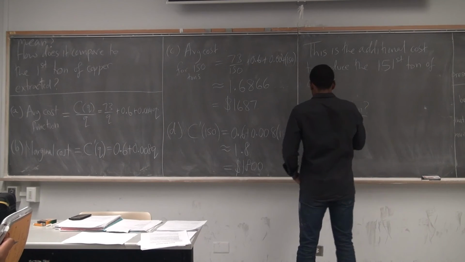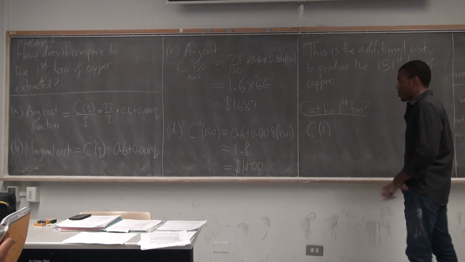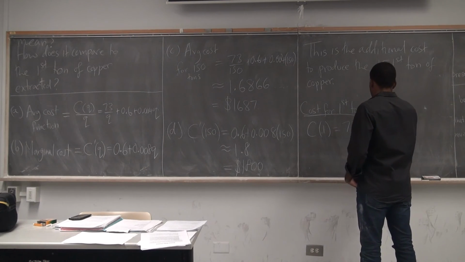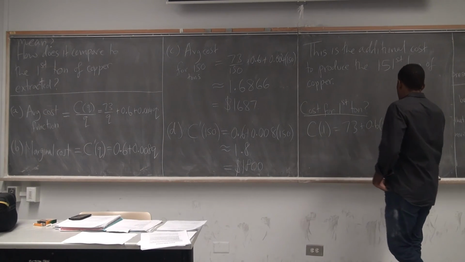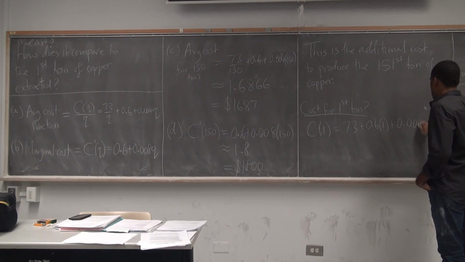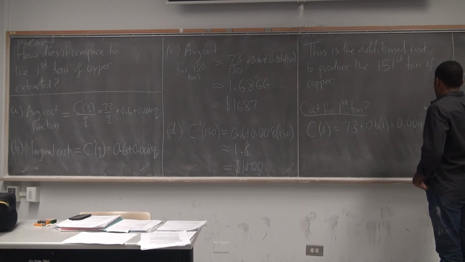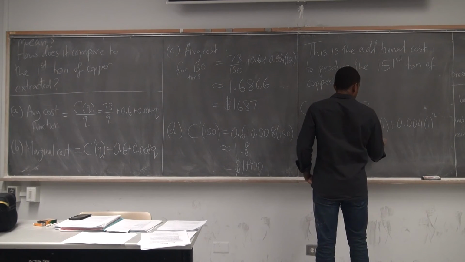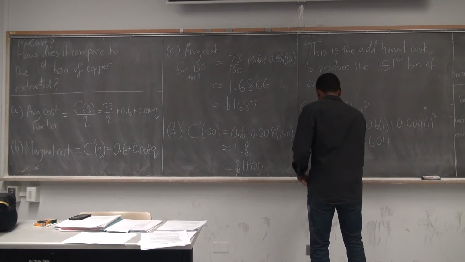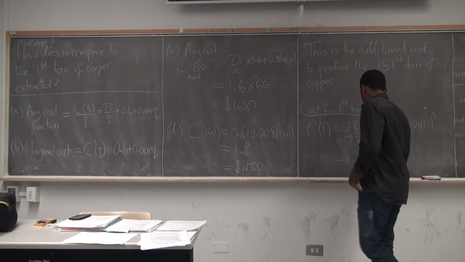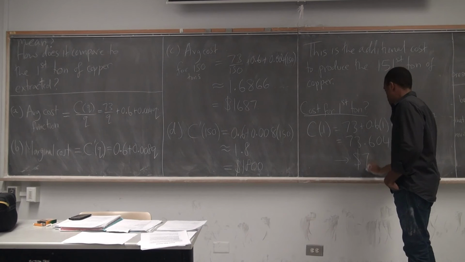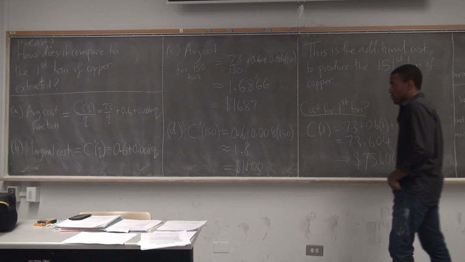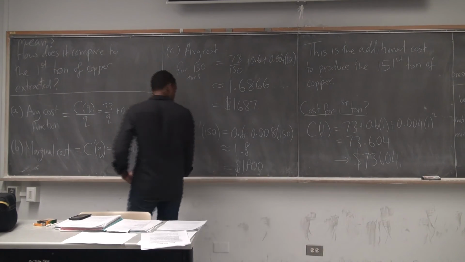I'll just use the cost for the first thing, the cost for one item, which is 73 plus 0.6 times 1 plus 0.004 times 1 squared. That's going to be 73.604. In other words, that's $73,604 to get the first ton of copper out of the ground.